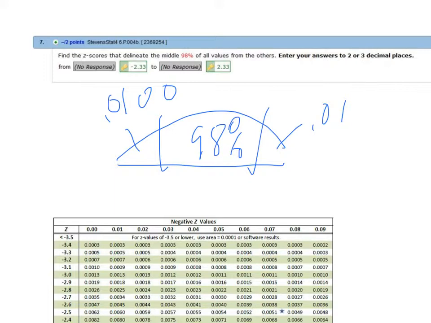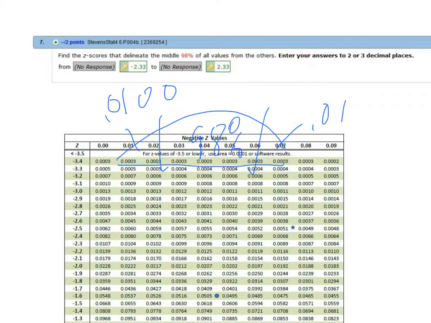Looks like I got to slide that table up. So let's see, 0.04, 0.02, 0.099. So I guess this is close. It's actually in between those.